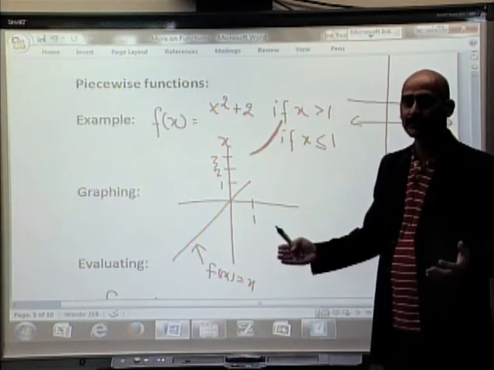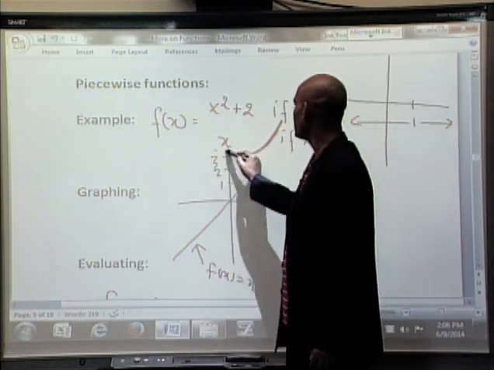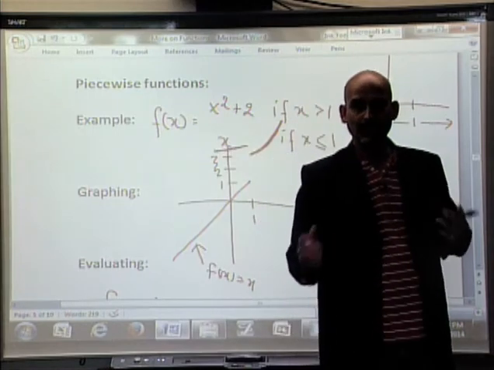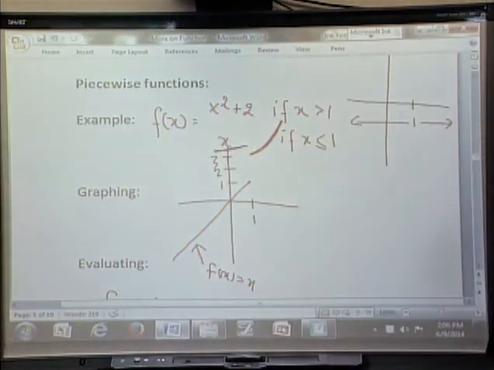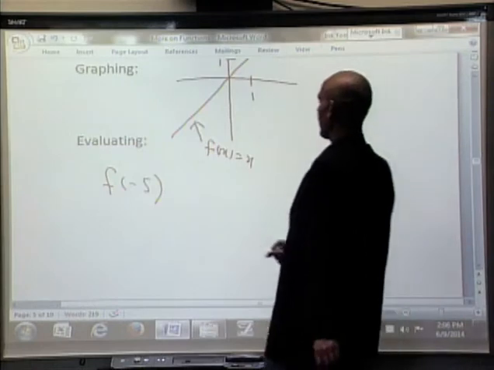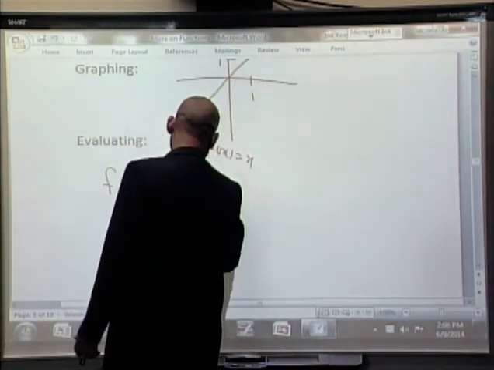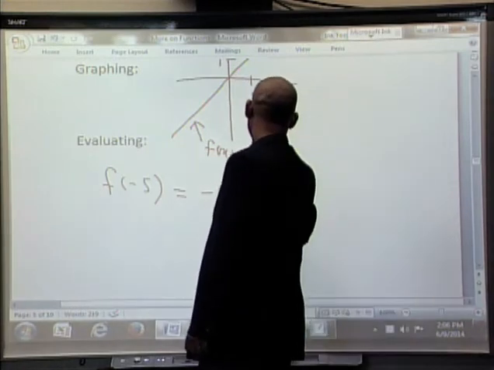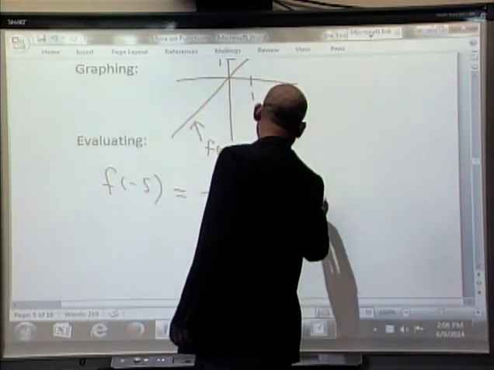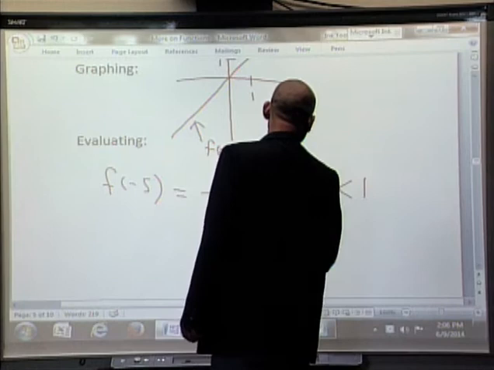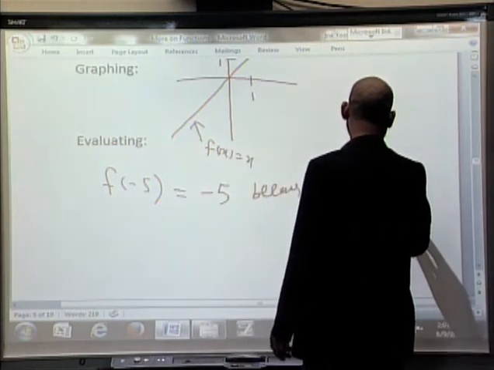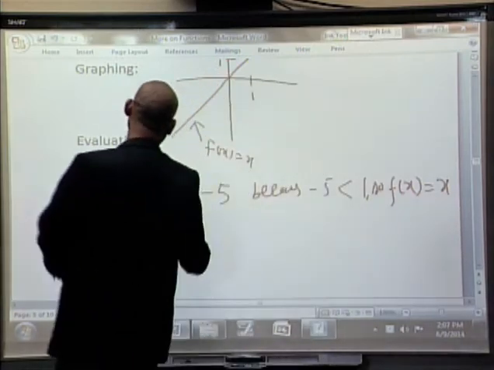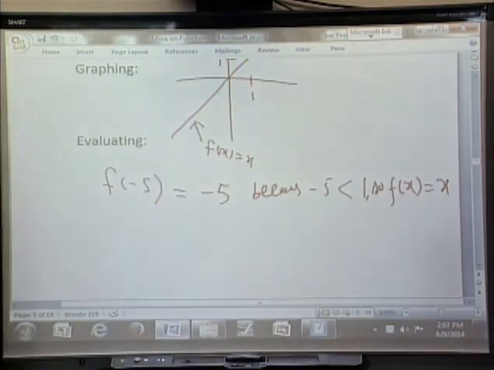Of course, minus 5 is less than 1. So the second formula, basically f of x equal to x, should be applied. So f of minus 5 should be equal to minus 5 itself.